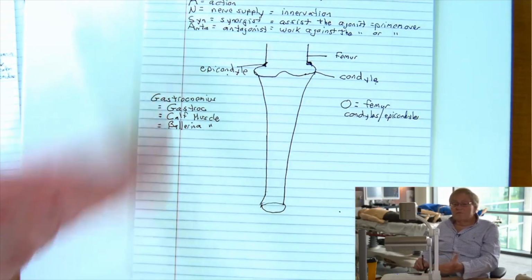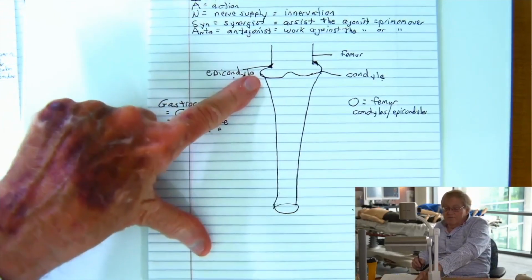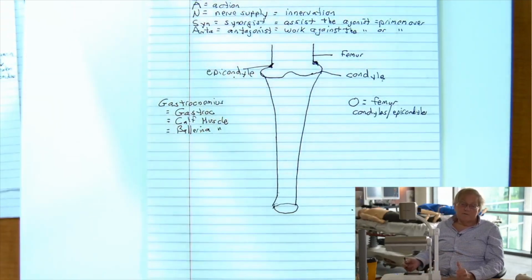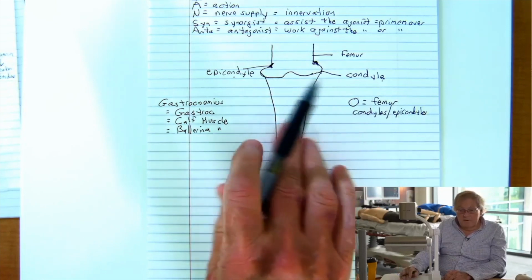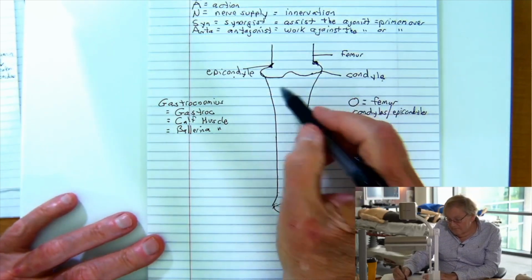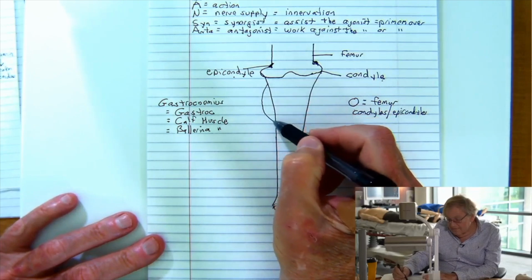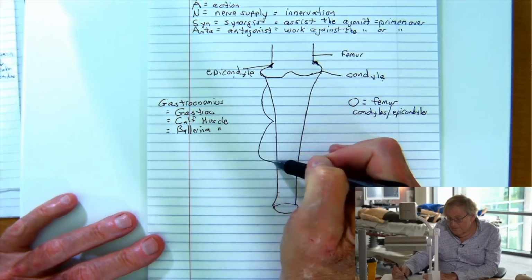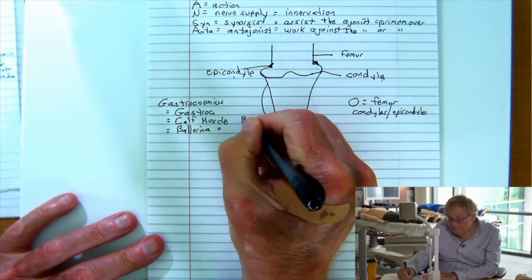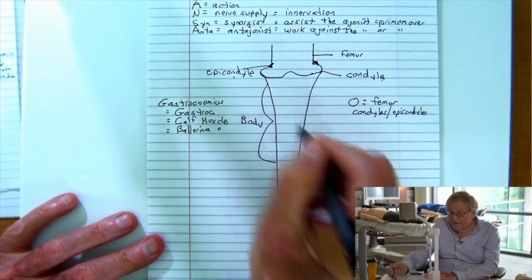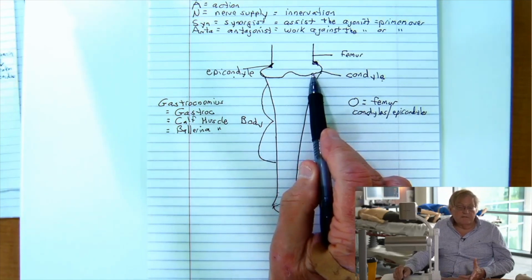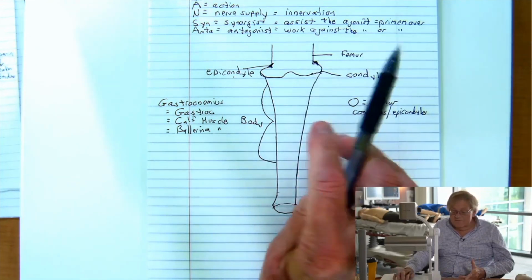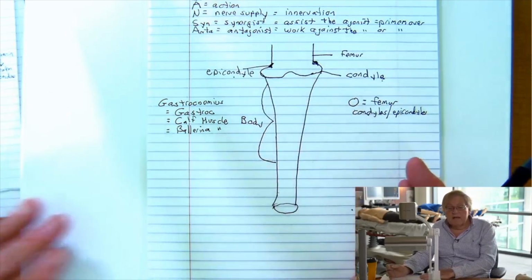But as I move down, if you say, what are the three parts of a muscle? Well, I know the first part of a muscle is going to be the origin. The second part of the muscle is going to be this region in here. It's a generic term, but that's called the body of the muscle. So I've got an origin of a muscle, which is the femur or femoral condyles. I've got a body of the muscle, which is this main part running down.